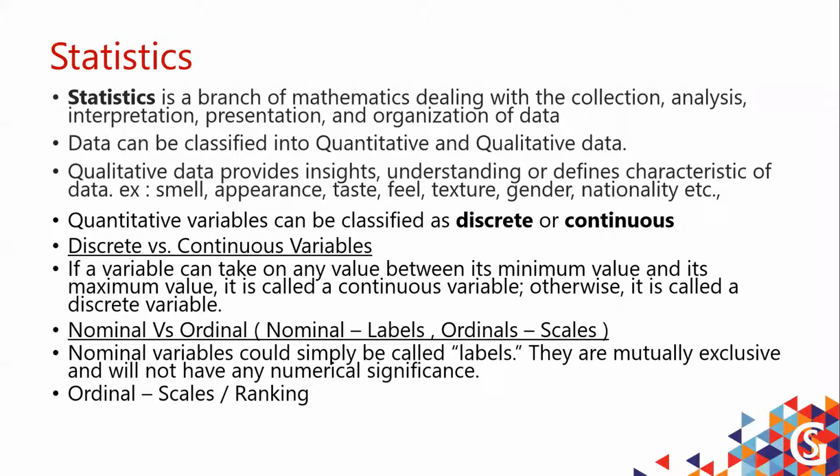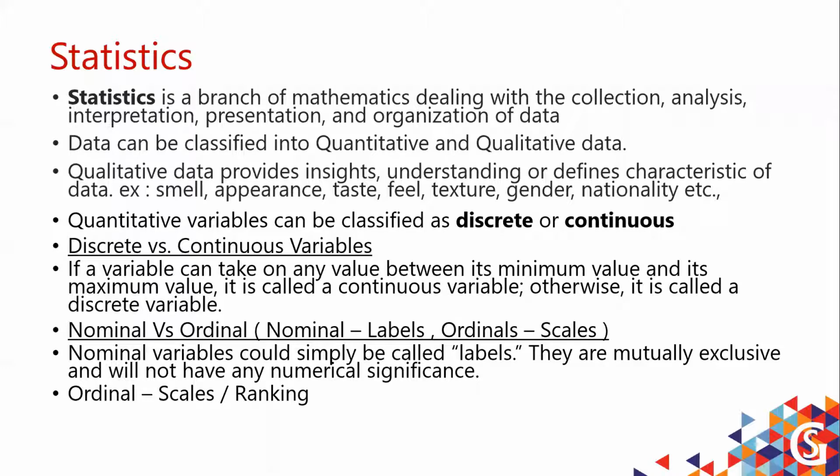I cannot have 99.4 cars or 86.3 cars inside the parking lot. If the maximum capacity is 100 cars, then you can have anything from 1 to 100. You cannot have 101, and you cannot have any decimals.